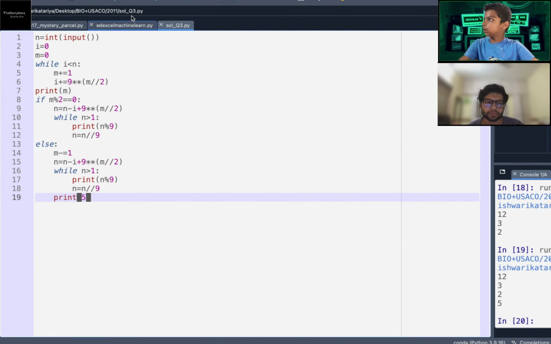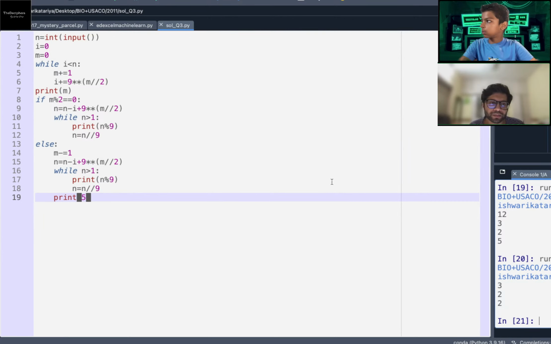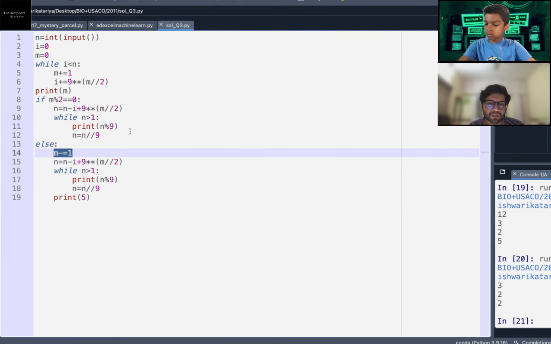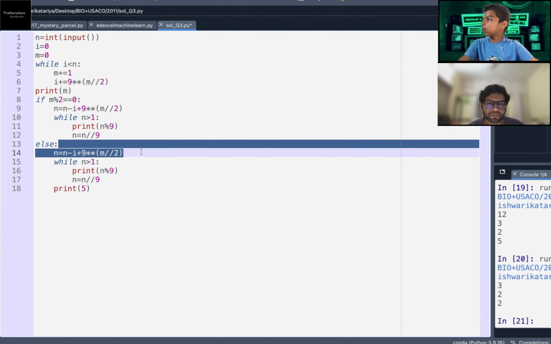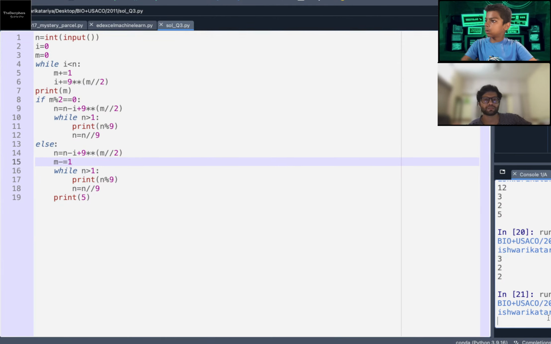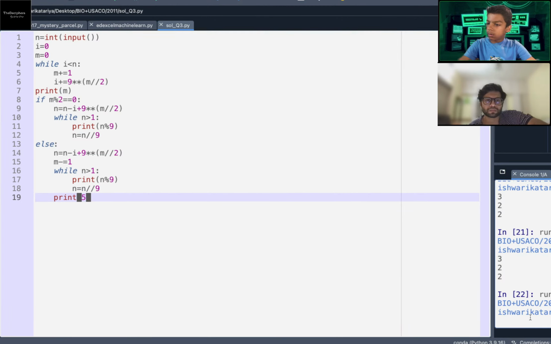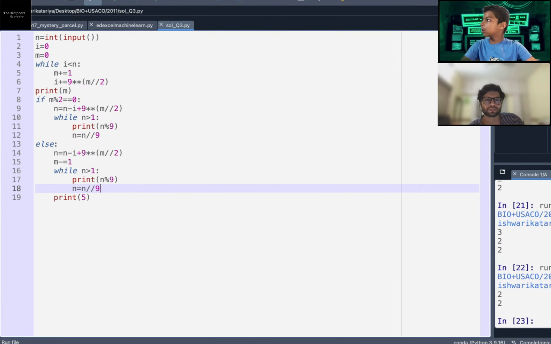12 something 2 and then 5. Right, is that okay? The wrong m is getting reduced by 1 here. Like lines 14 and 15 need to be switched. Right there. So for 3, output's 2. For 2, output's 2.